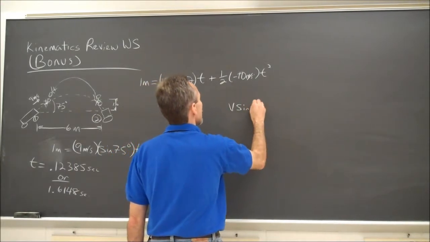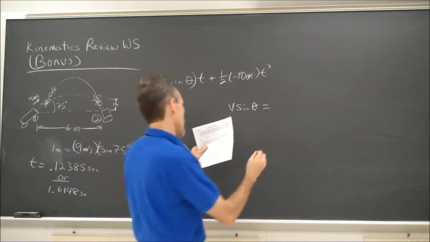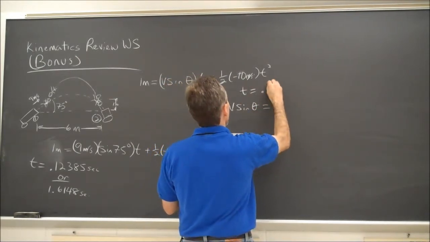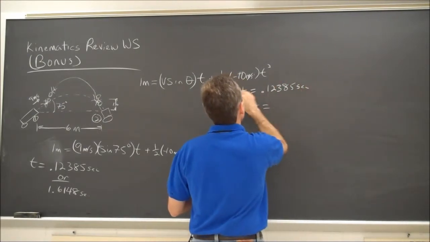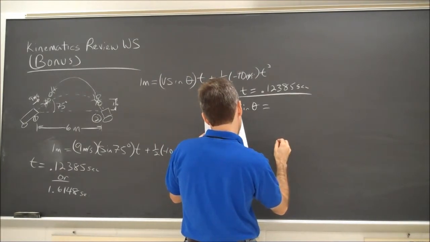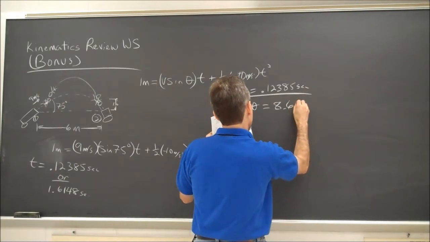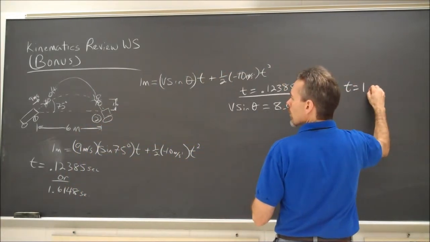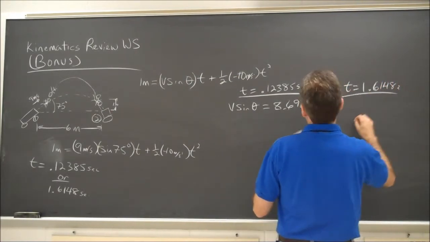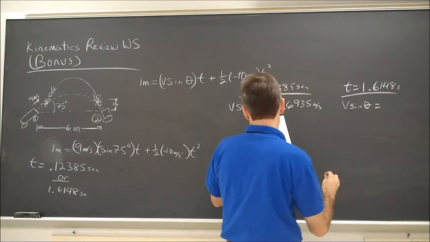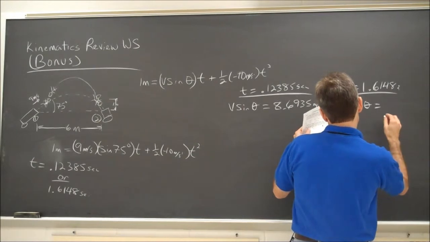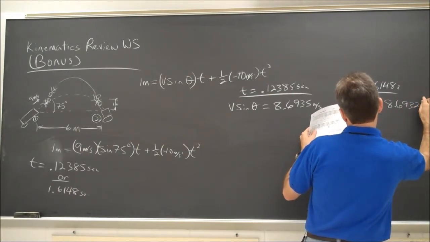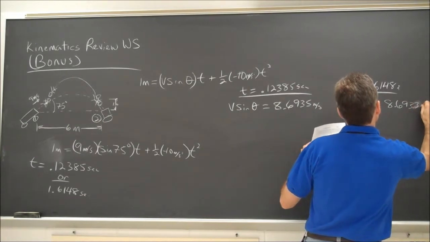And when I do that, v sine of theta would be equal to either, at the time of 0.12385 seconds, 8.6935 meters per second, or at the time of 1.6148 seconds, v sine theta is equal to 8.6933 meters per second.